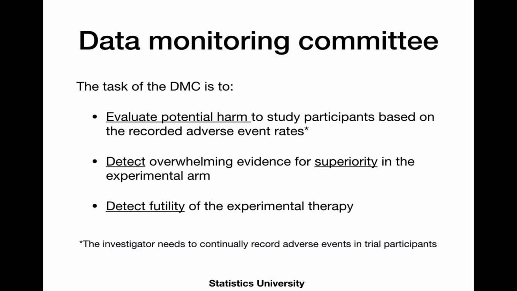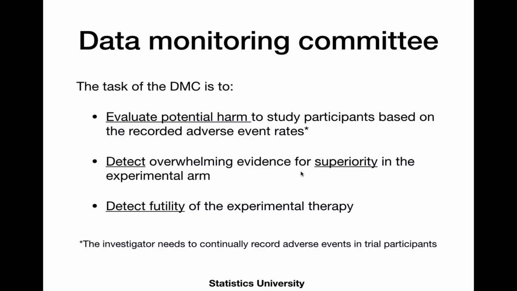In all these three cases, the Data Monitoring Committee will evaluate whether it would be best to terminate the trial early, because in the first situation they do not want to expose additional patients to the same harms.